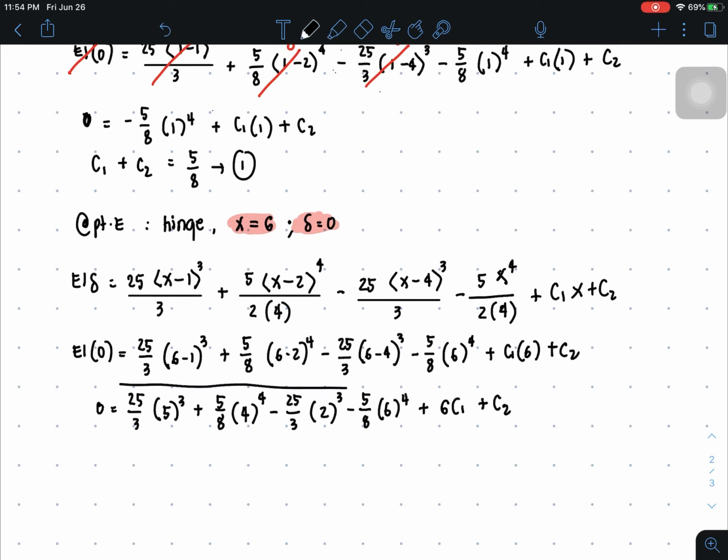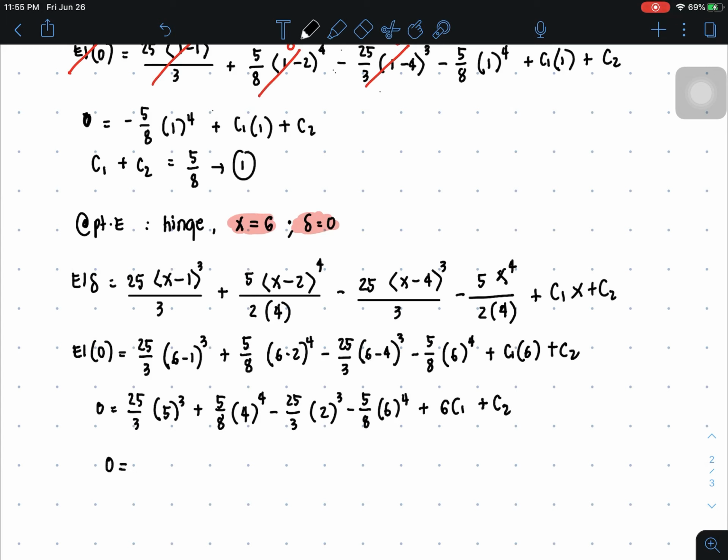So, kung lang sa ni nato nga term, tibuok nga term kani siya. And that's going to be 0 equal to. At isang kuhaon ka na nga term, that's 25 over 3 times 5 cubed plus 5 over 8 times 4 to the 4th power minus 25 over 3 times 2 cubed minus 5 over 8 times 6 to the 4th power.